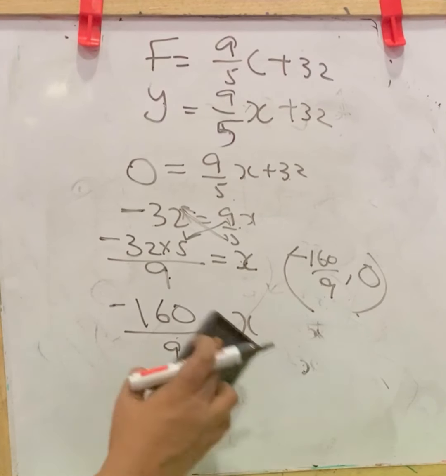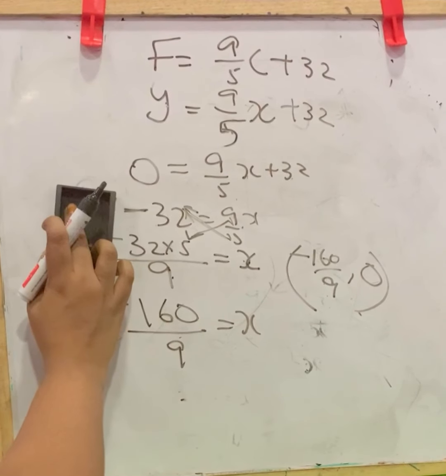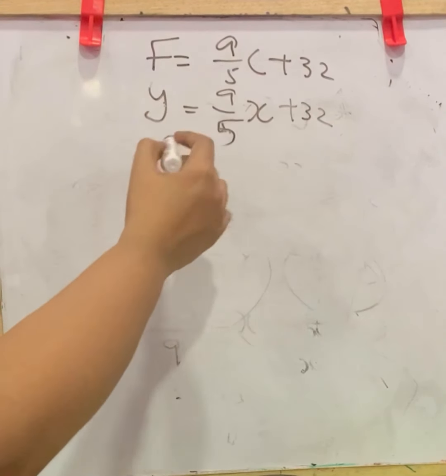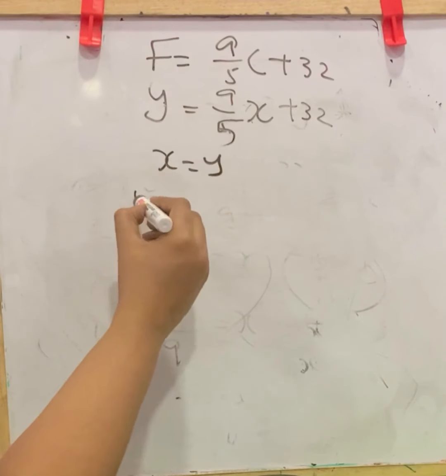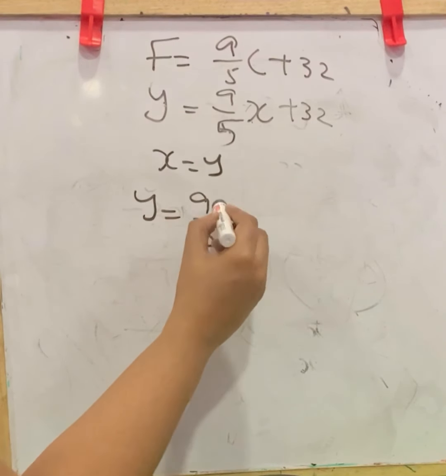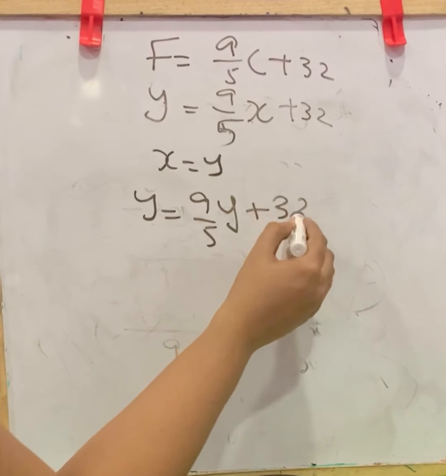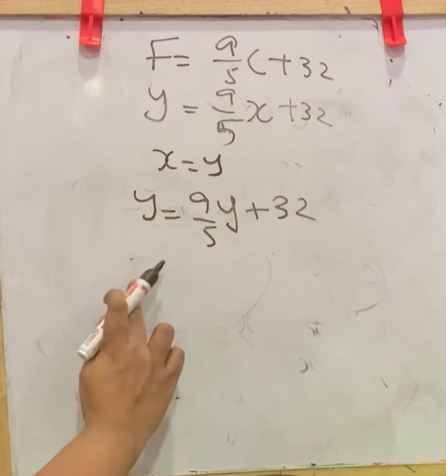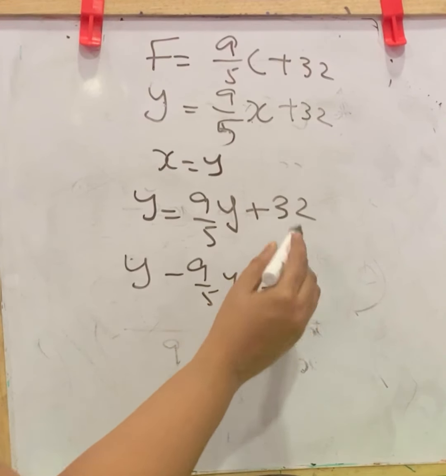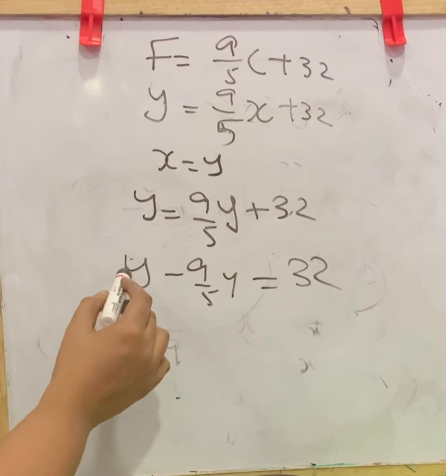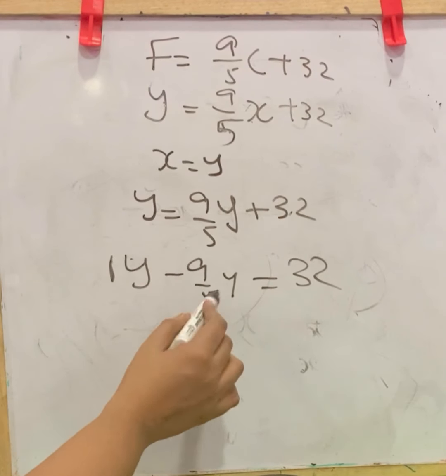F equal to C, both are equal. Both are equal means x is equal to y. So we can substitute x as y. So y equal to 9 by 5 y plus 32. Now take all the y terms to LHS. Y minus 9 by 5 y equal to 32 on the RHS. Here actually 1y minus 9 by 5 y.